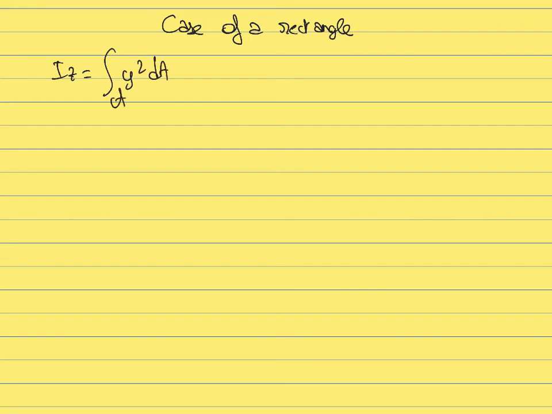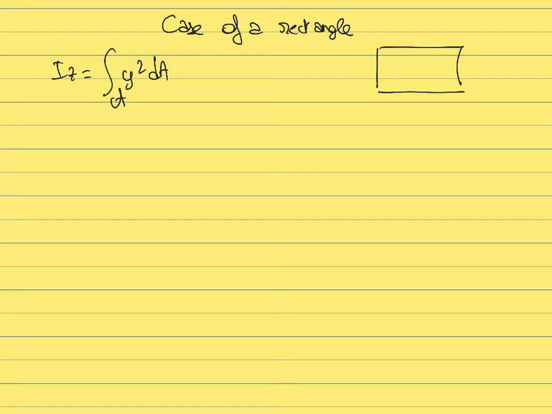There is one special case that is commonly used, which is if the cross section is a rectangle. In this case, if the cross section of the beam is a rectangle, then we can derive a simplified formula for the moment of inertia, so that you don't have to solve this integral over and over.